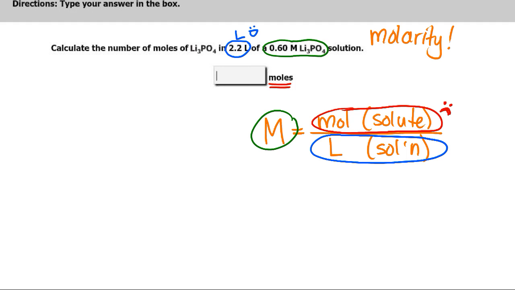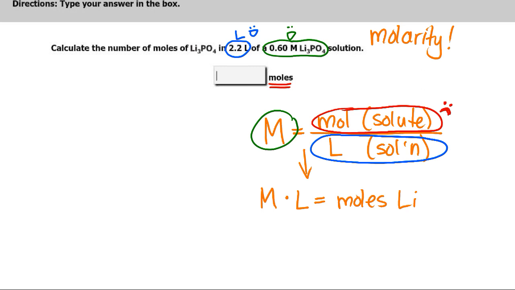Here we've got molarity, which is just going to be molarity. So all you've got to do now is practice your algebra skills and rearrange this to solve for moles. To get the moles alone, you need to multiply both sides by liters. So molarity times volume, in this case liters, is equal to the number of moles of lithium phosphate.